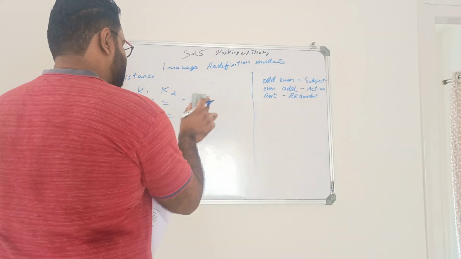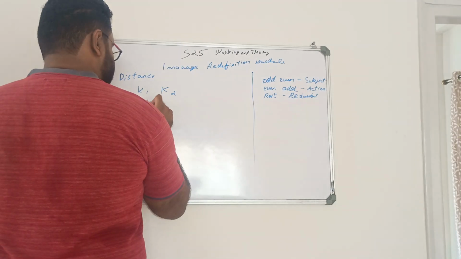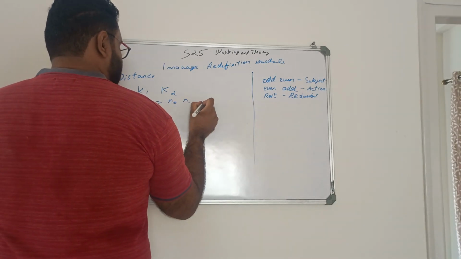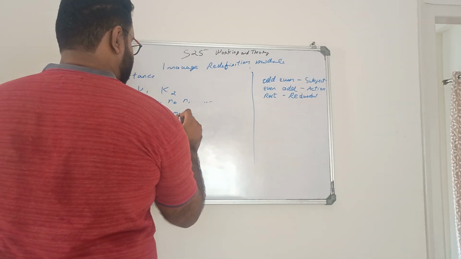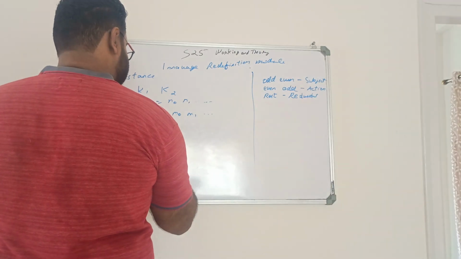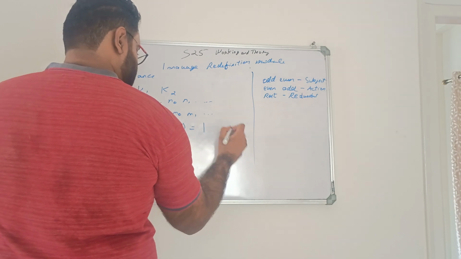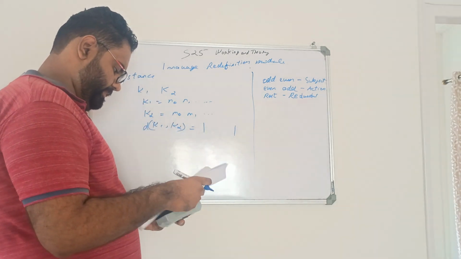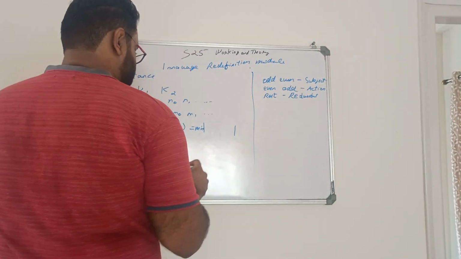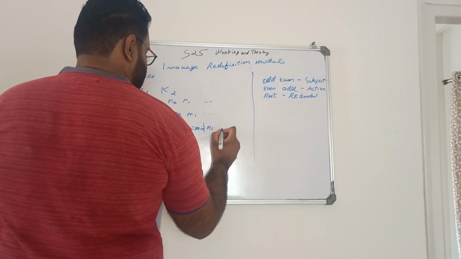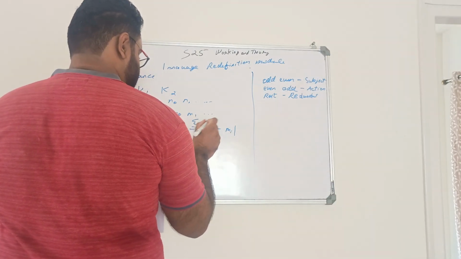So let's say K1 consists of N0, N1, dot dot dot, and K2 consists of M0, M1, dot dot dot. The distance between K1 and K2 is going to be the absolute value, with a minimum, of Ni minus Mi, and of course this is under a summation.